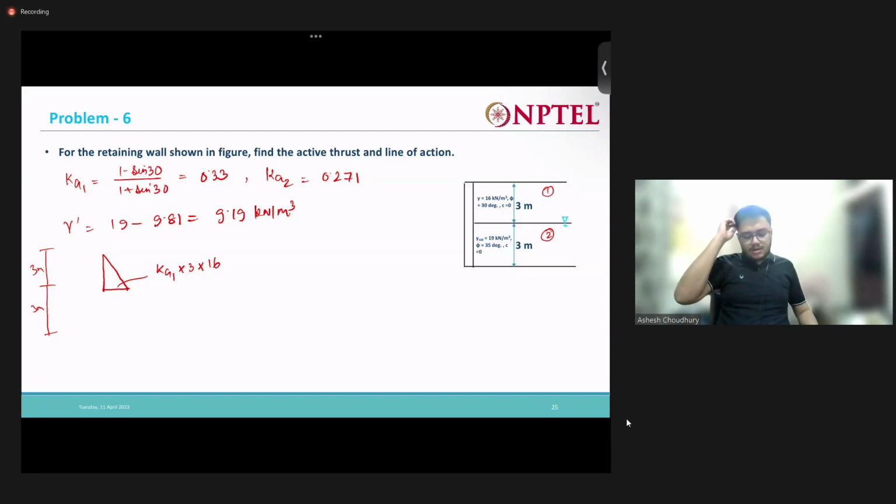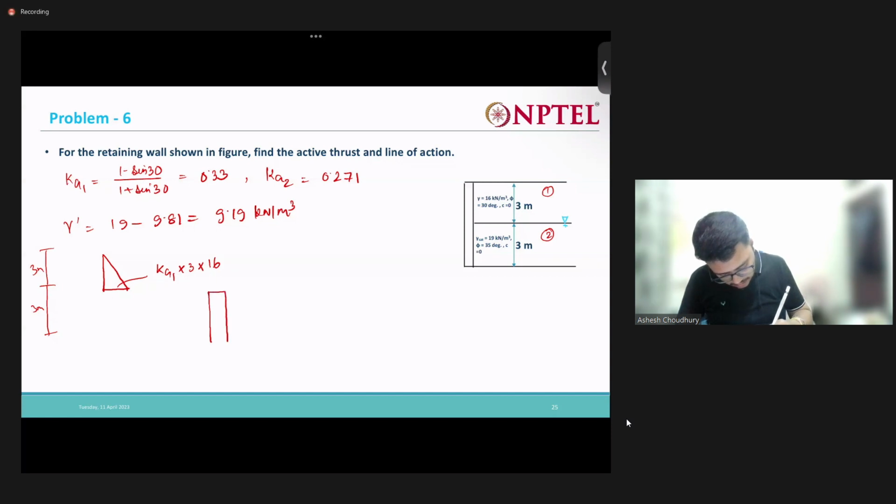For the layer below, there will be a surcharge here, so K2 into 3 into 16, and then again we will have another variation.